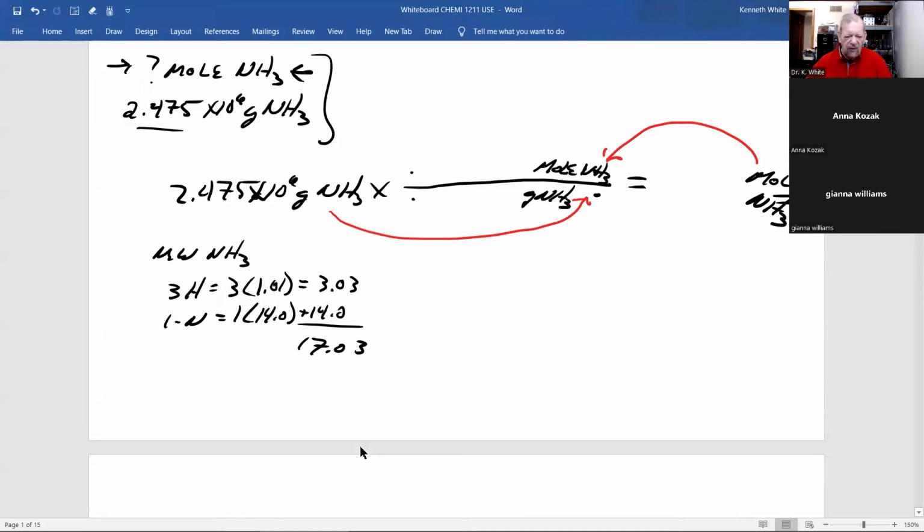Remember, when you're adding, you get the same number of significant figures to the right of the decimal as the number that has the fewest significant figures to the right. This is 2, this is 1. Lowest number, and time's up. Hopefully you pick 1. Why don't you round this off, and then I will, to 1 significant figure past the decimal.